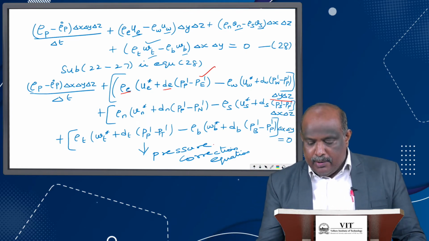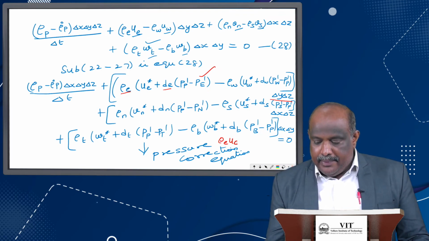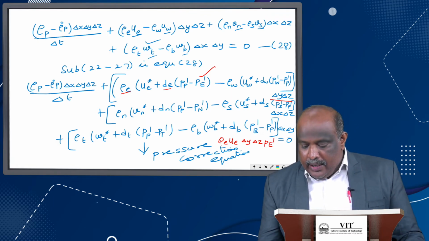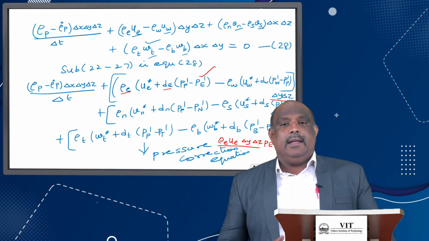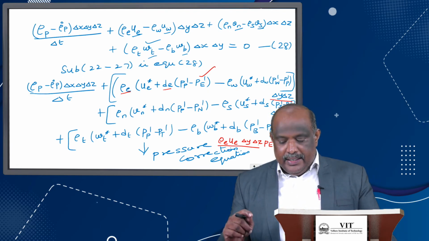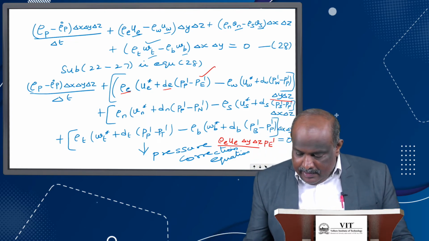Now what is AE? I told you, the coefficient before PE prime. So this is nothing but rho E DE delta y delta z. Not UE, I am sorry, DE. I wrote it wrongly.